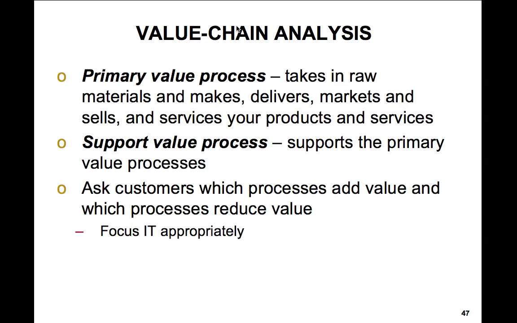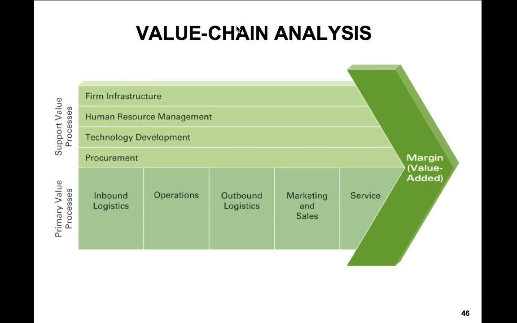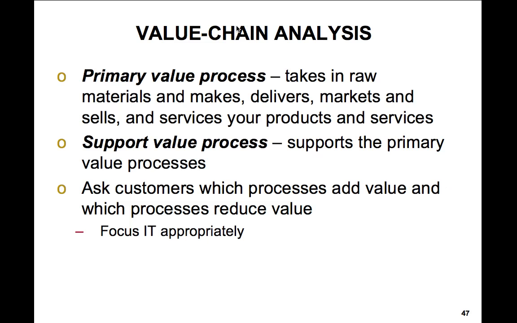And then the support value is everything that you need. In fact, you could look at this and say these are product assembly expenses versus overhead expenses. If you're an accounting person, you're probably talking about fixed overheads like rent and utilities. But if you're looking at this in terms of a strategy model, some of those fixed overheads you don't really have any control over. It's going to cost you for the building, especially if you're stuck in a lease. It's going to cost you for utilities. It's going to cost you for health insurance and stuff like that.